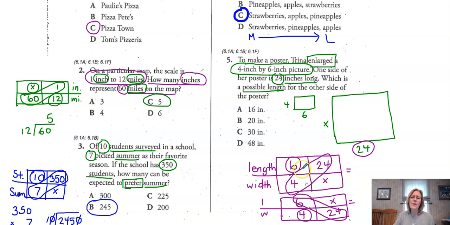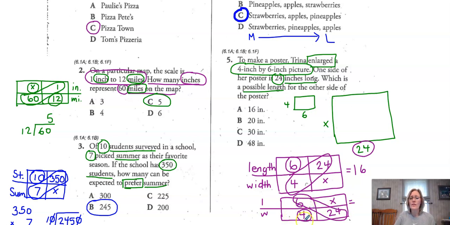So if I did all the math on this one, 4 times 24 divided by 6, well, 4 times 24 is an easy problem, it's 96. And 96 divided by 6 is 16. Well, I see that I have an answer right here, but I wonder what the answer would have been over here. So I have 6 times 24, well, that's 144.